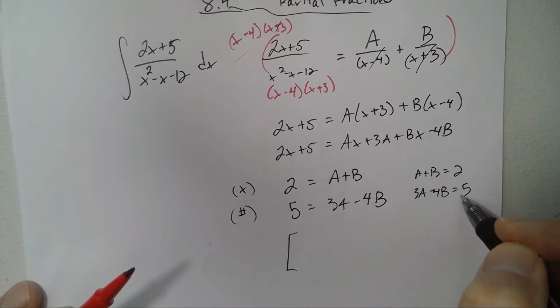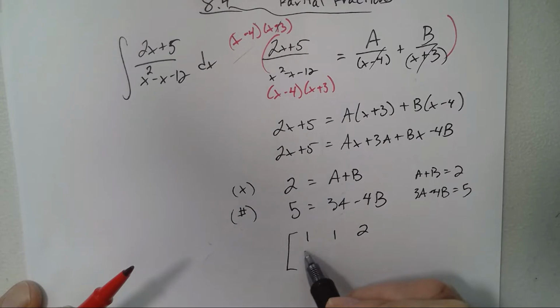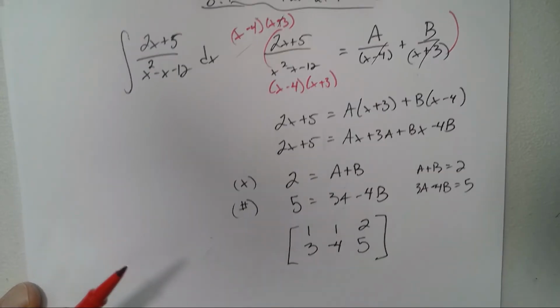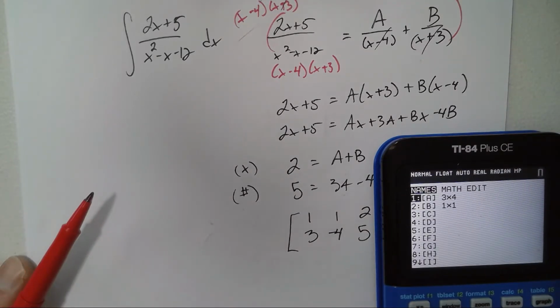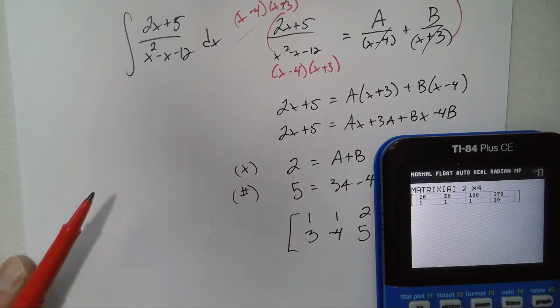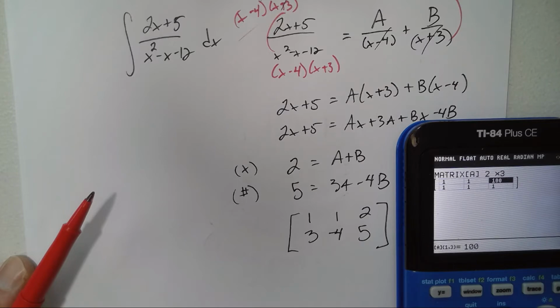So it'd be 1, 1, 2, 3, negative 4, 5. There's my 2 by 3 matrix. Matrix edit 2 by 3, 1, 1, 2, 3, negative 4, 5.